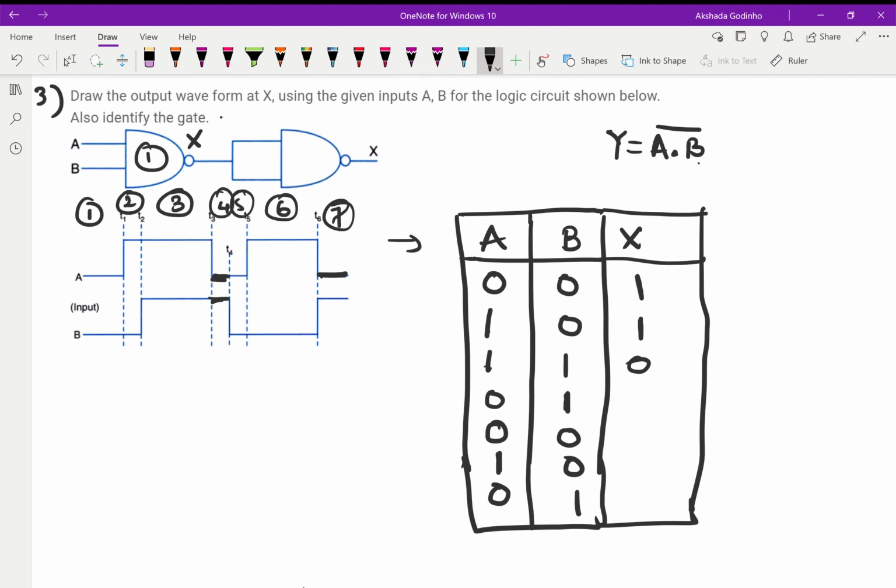But the inverse will be 1. 0 and 0 is 0. Inverse will be 1. 1 into 0 is 0. Inverse will be 1. 0 into 1 is 0. Inverse will be 1. So that means at X, at this junction, the values coming out as the output are 1, 1, 0, 1, 1, 1, 1.